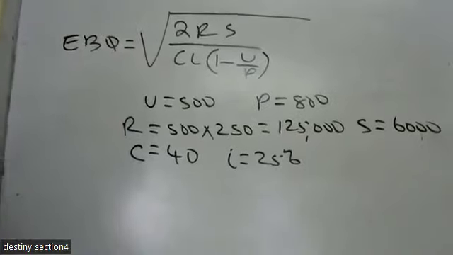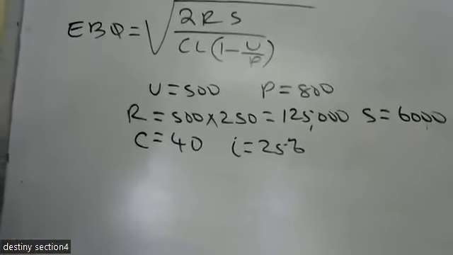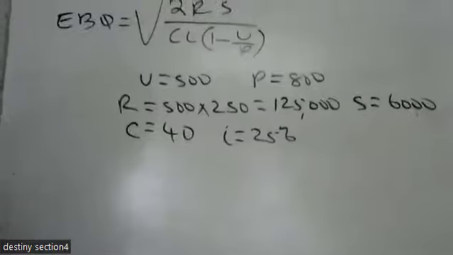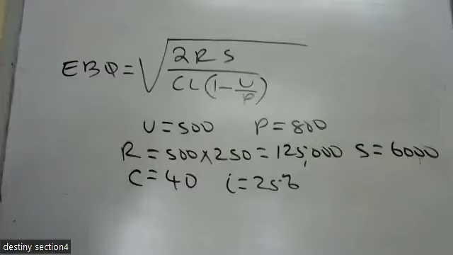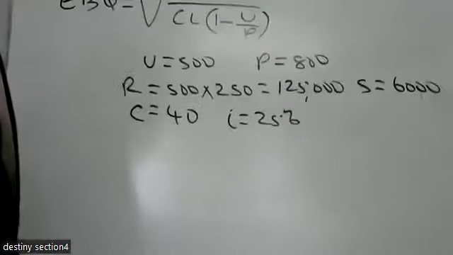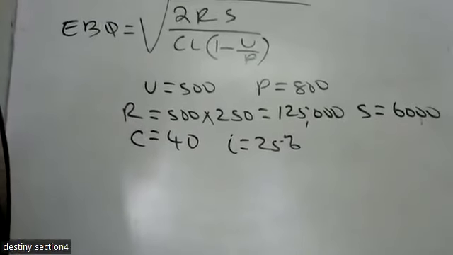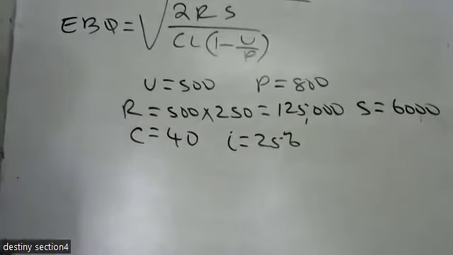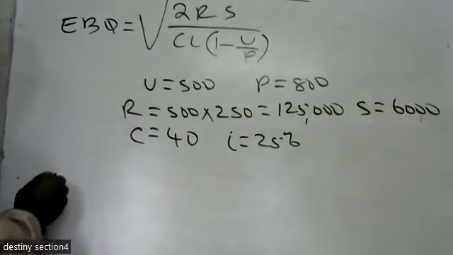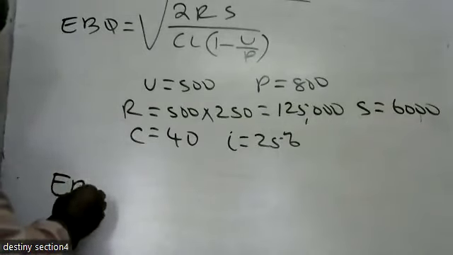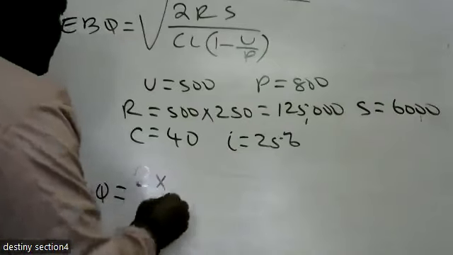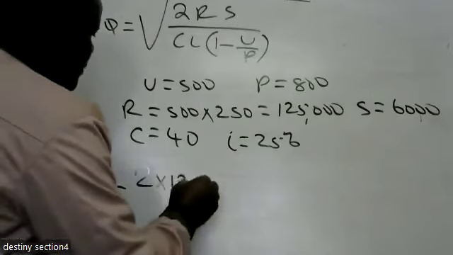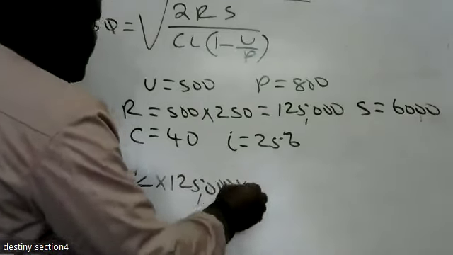We can now compute the economic batch quantity. The economic batch quantity equals, where there is R, you put there 125,000.